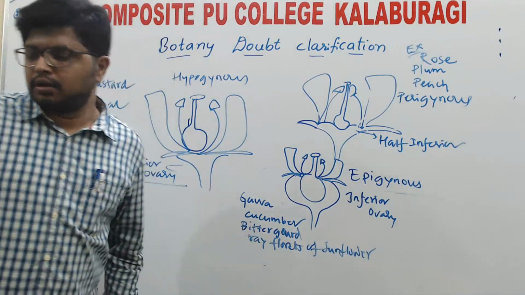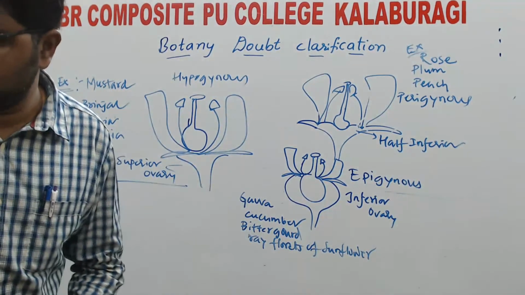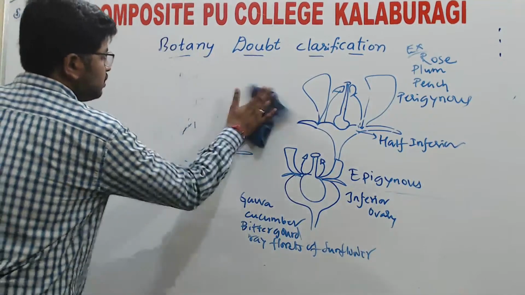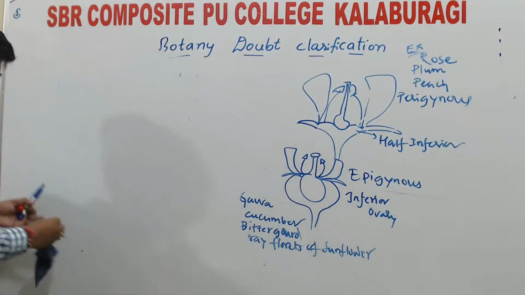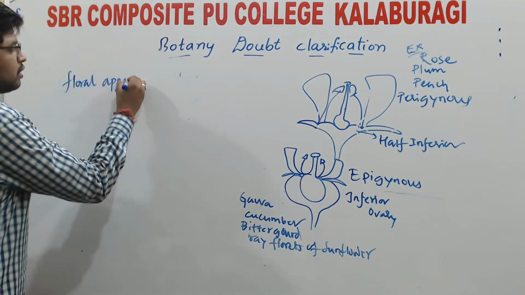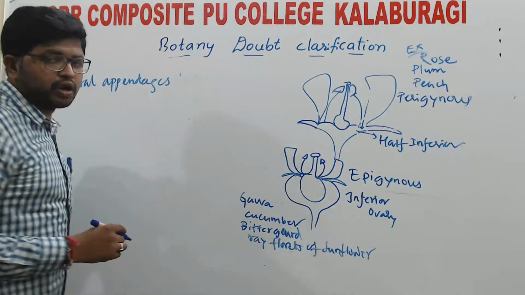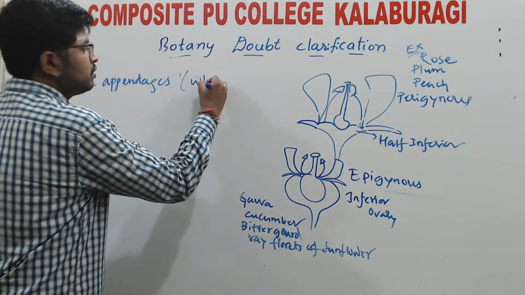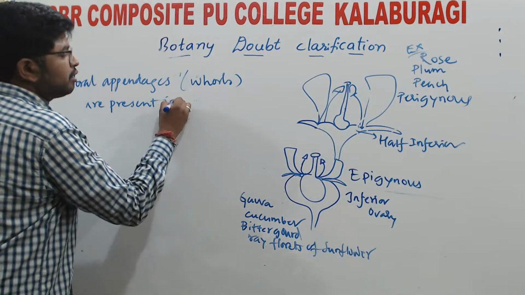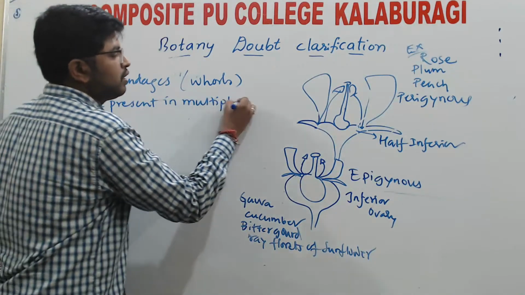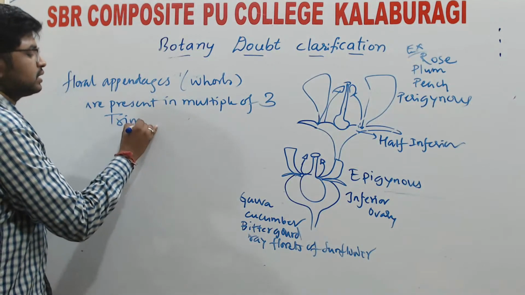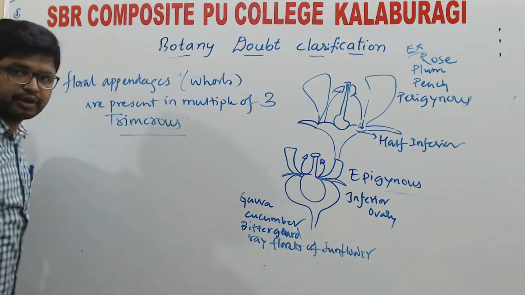Now, one more doubt from my student. When the floral appendages or whorls are present in multiples of 3, such flowers we call trimerous.